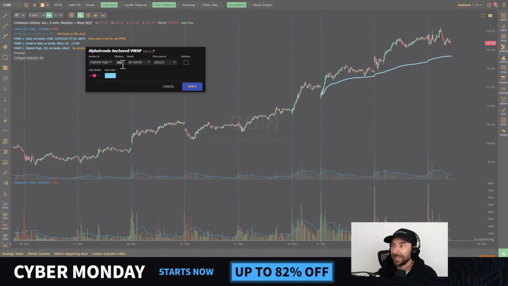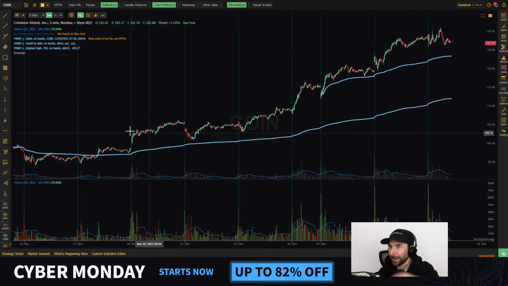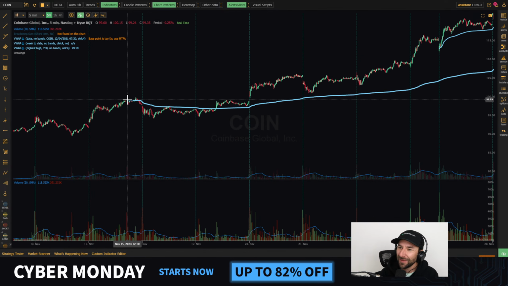If you want something shorter term, well, actually, let's go back to when it says no extremis given for that highest high. The reason is that wherever the highest high is, there has to be 125 candles to the right, and there isn't 125 candles to the right. It looks like it did define it, so it defined it as this one.